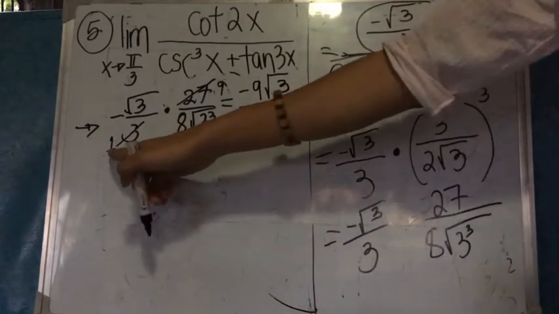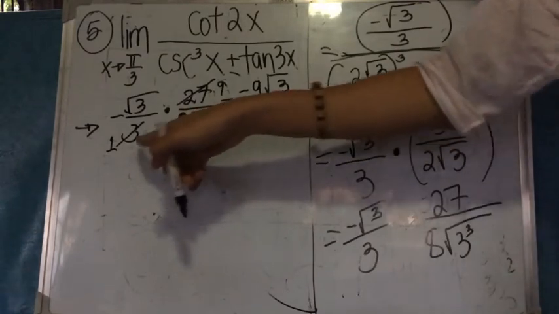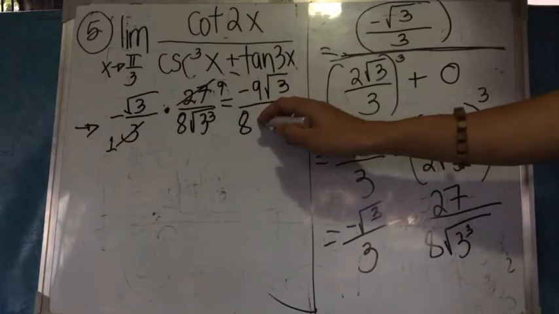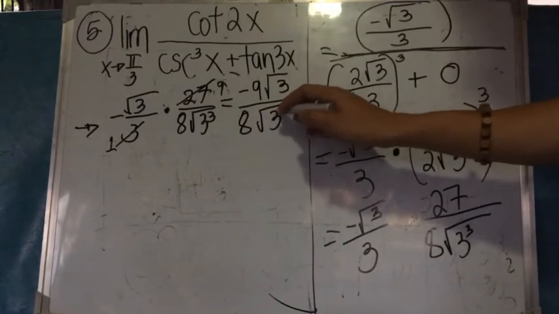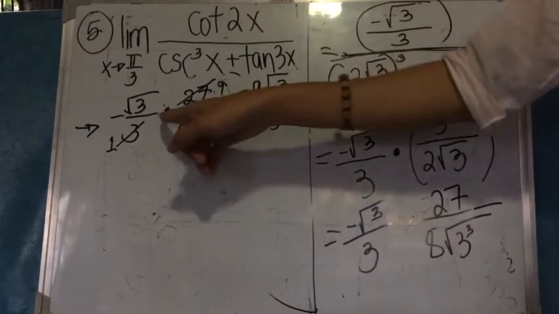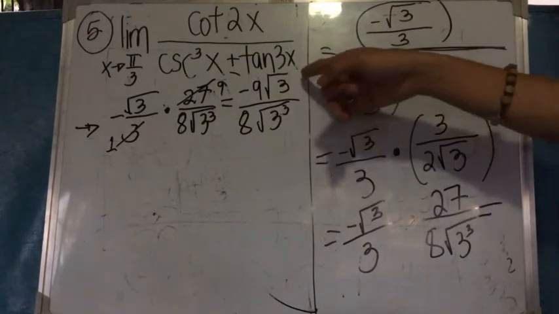In your denominator, you have 1 times 8 square root of 3 cube. 1 times itself is just itself, so that is 8 square root of 3 cube. What you did here is simply simplify that one, and what remains is this one.